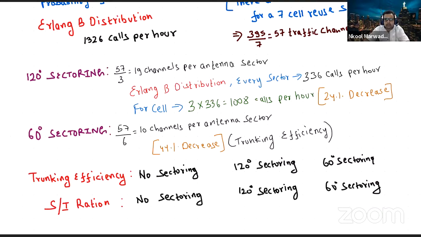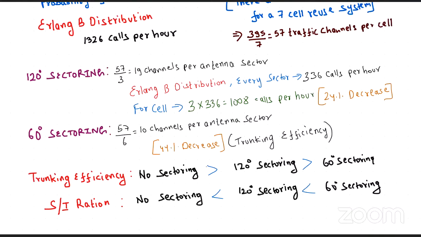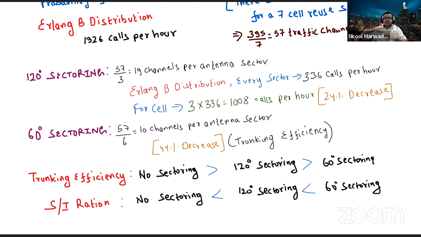Trunking efficiency will go like this, and the S by I ratio like this. So trunking efficiency decreases as we do the sectoring and the S by I ratio increases. So there is always a trade-off.